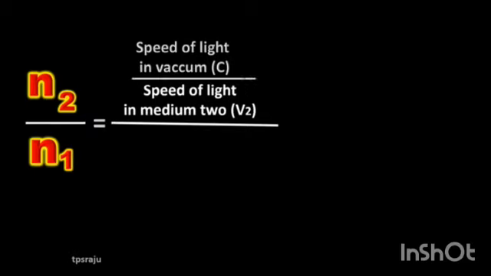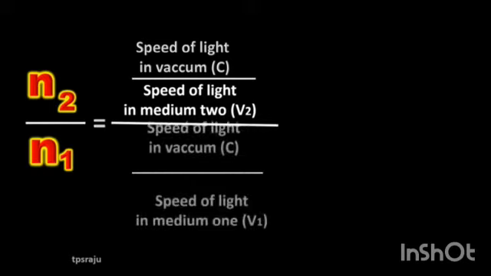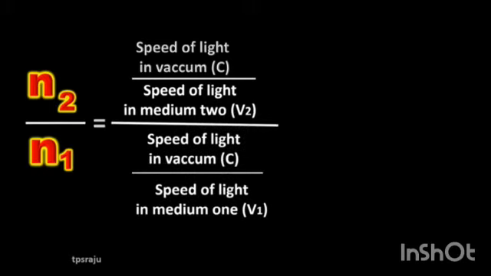Here, n2, the refractive index of medium 2, is the speed of light in vacuum c by the speed of light in medium 2 v2, and n1 is c by the speed of light in medium 1 v1.